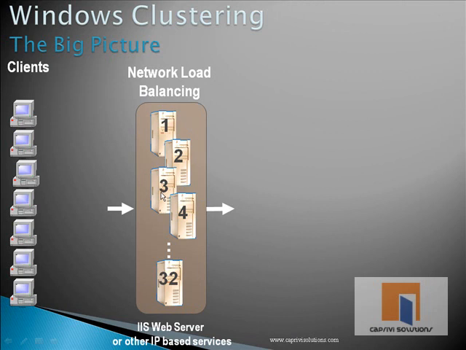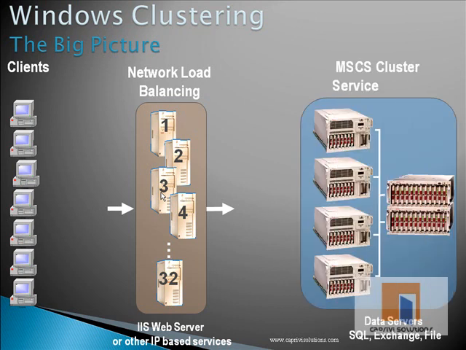Using network load balancing, whether it's hardware or software, but Microsoft of course provides the software load balancing, you can have up to 32 different servers that make up that network load balancing cluster. And so typically it's load balancing web applications, but not necessarily just web applications. It can be other IP-based services.